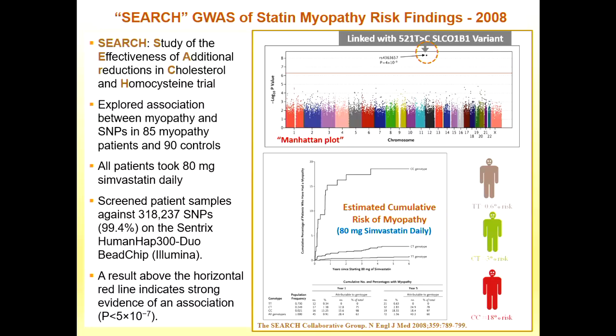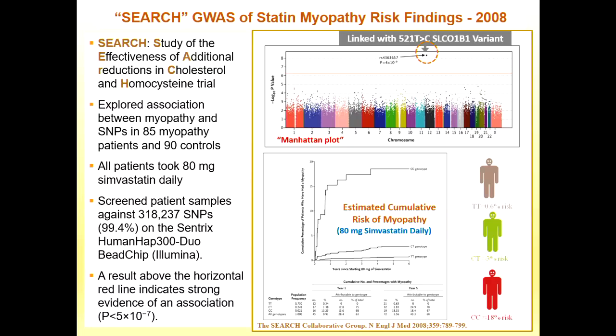But you're looking for statistically significant associations with particular gene variants, and this particular study identified this SLCO1B1 variant, this site 521 in the gene, that position we highlighted earlier, as being strongly associated with myopathy. And it's a significant risk factor.